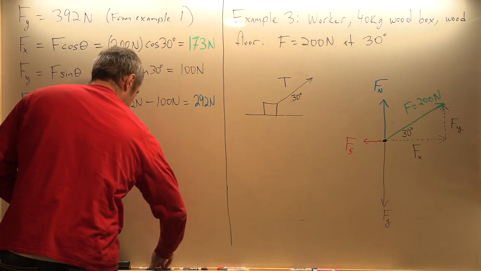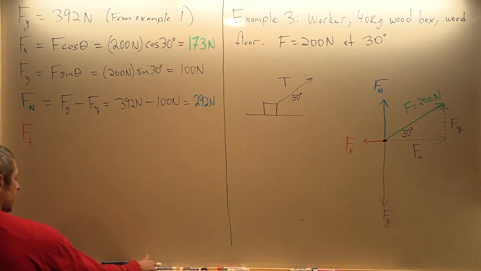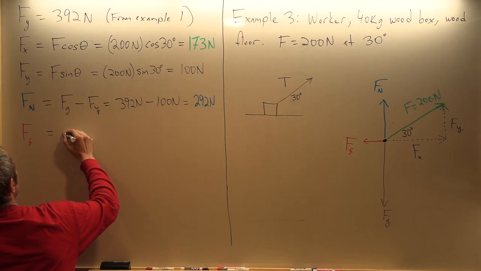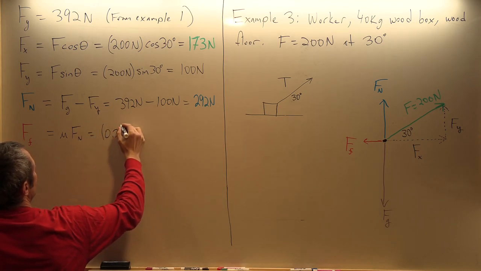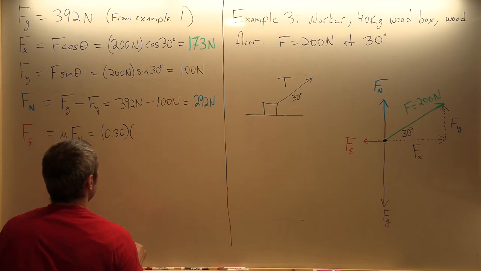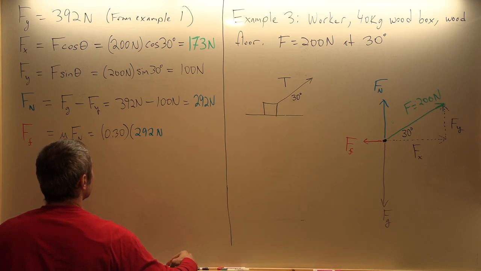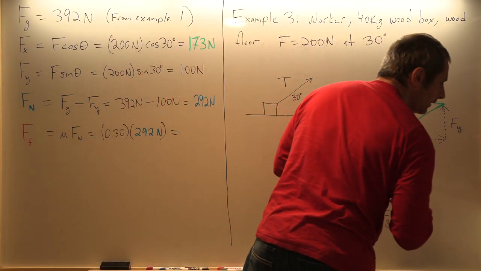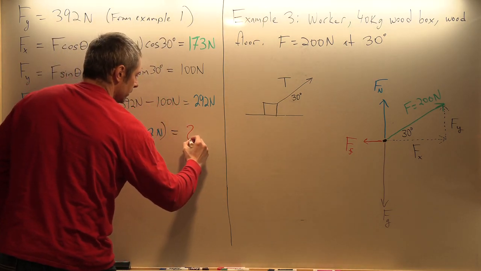So I could say force of friction equals mu times F normal, which is 0.3, front cover of the reference table, wood on wood kinetic, times the 292, and that came out to be 87.6.